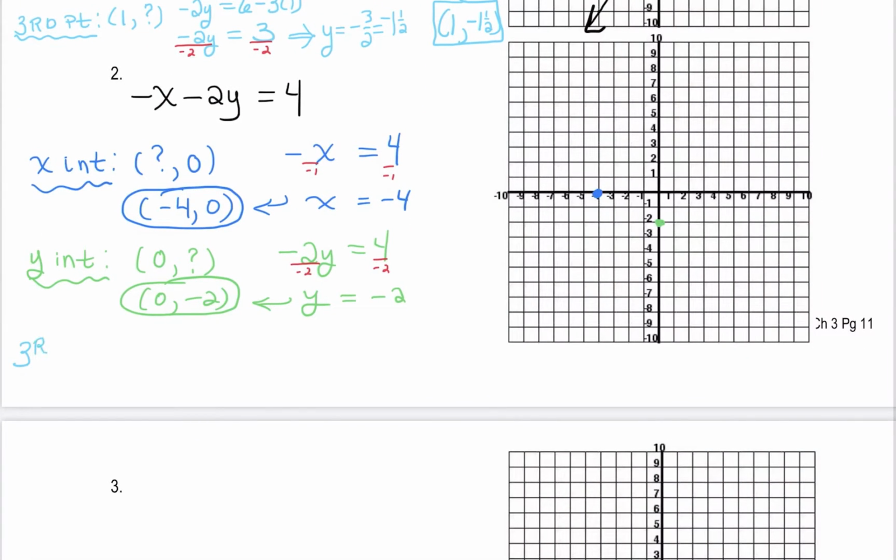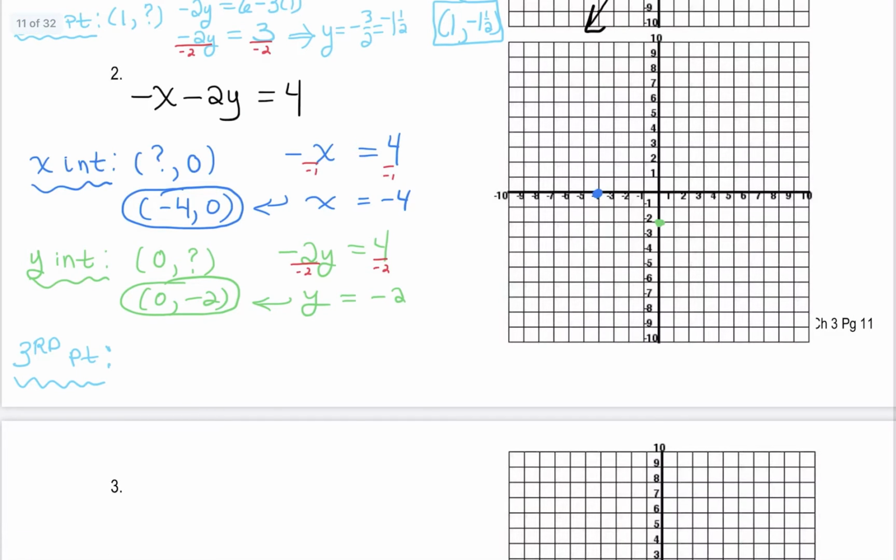Sometimes what I do is I just extend my graph. What I did before is certainly valuable, and it certainly is valid. You can sub in 1 for x and solve for y, and that would be fine. But the other thing I tend to do is count out my slope like I was talking about before. If these 2 points are right, what am I doing?